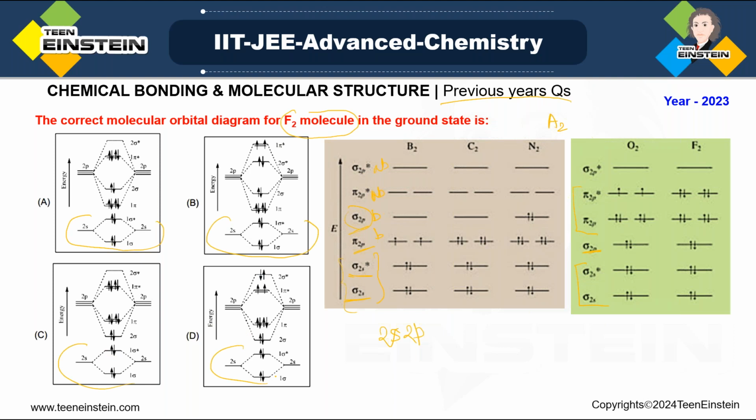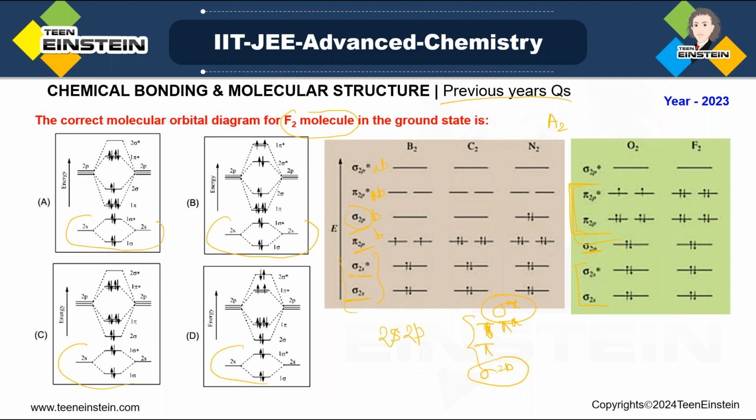But if you consider the 2p part, first there should be sigma 2p, then there should be pi, then pi star, and then there should be sigma star. So between sigma and sigma star, in between these two, there will be pi bonding and pi anti-bonding, which is also the same for oxygen.